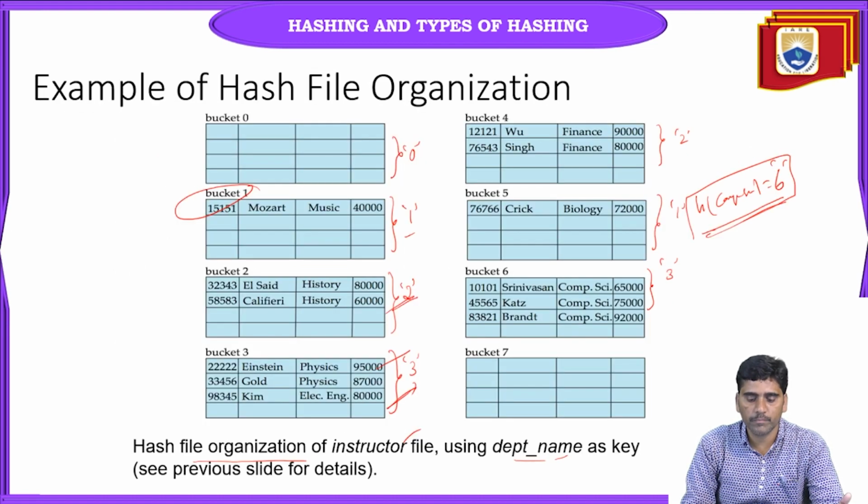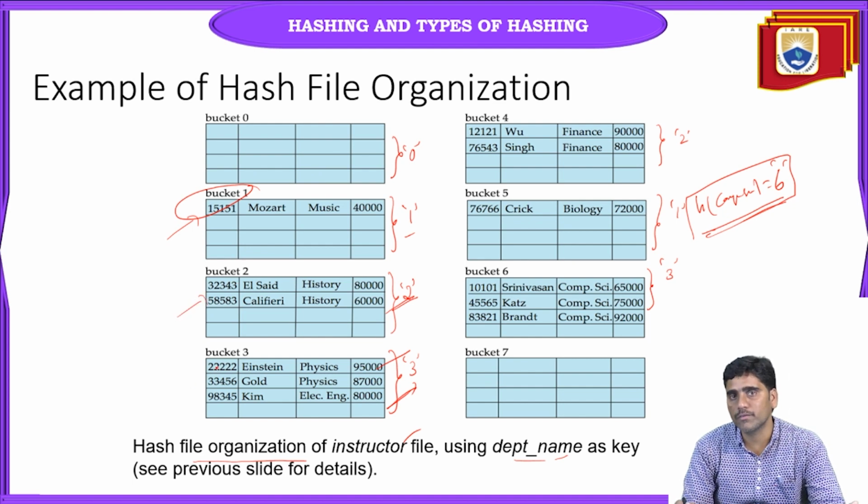Suppose from this diagram we can observe the bucket having one value, the bucket having two values, the bucket having three values. At this moment, the same number of records and the same number of search key values are available. So bucket one has one search key, bucket two has two search keys, or else one search key.